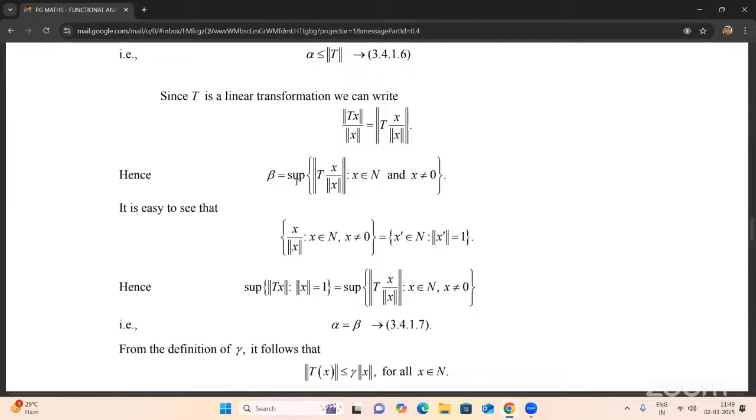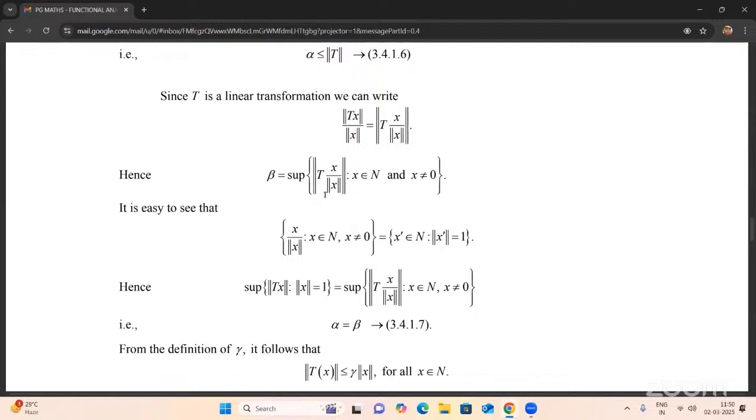Here beta equals the supremum of norm T of X by norm X, where X is an element of the normed linear space and X is non-zero. Since the denominator norm X is non-zero, the inverse exists. Then X by norm X is denoted by X dash. Here X dash belongs to N and norm X dash equal to 1, from the definition of beta.